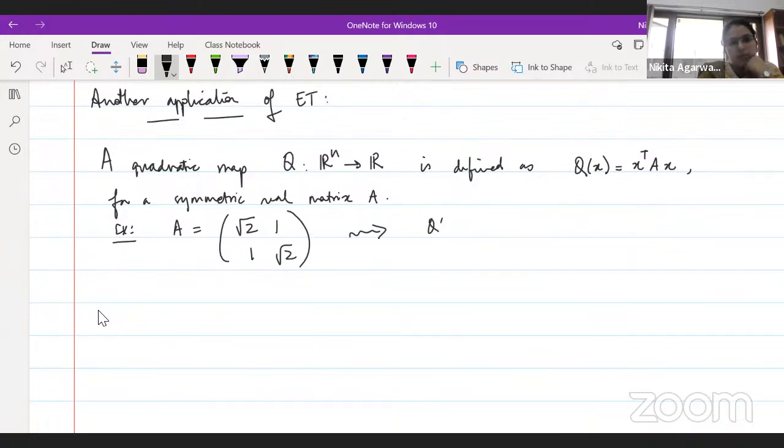This gives rise to a quadratic map on R^2; let me use x1, x2 here. Q(x1, x2) = √2 x1² + 2 x1 x2 + √2 x2².